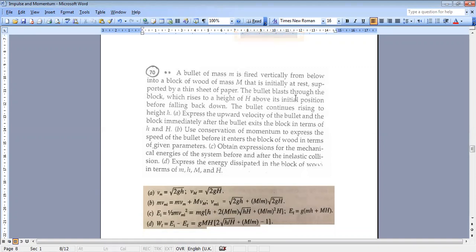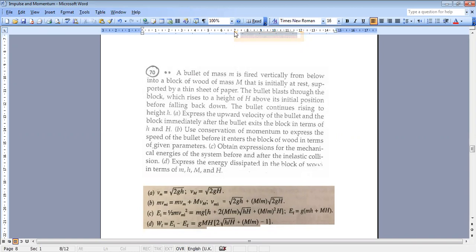The bullet blasts through the block, which rises to a height of big H above its initial position before falling back down. The bullet continues rising to a height small h. First question: express the upward velocity of the bullet and the block immediately after the bullet exits the block in terms of small h and big H.